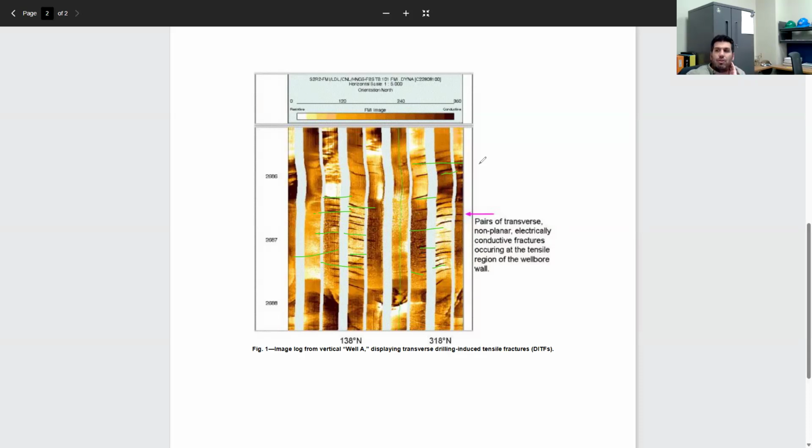Okay, so that's the whole point of the figure. You don't need to use it anymore. If you believe me that there were transverse drilling-induced tensile fractures from a vertical section, then we are good to go.